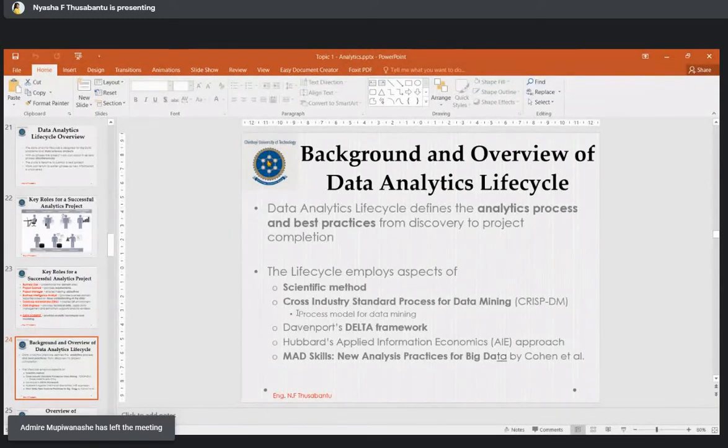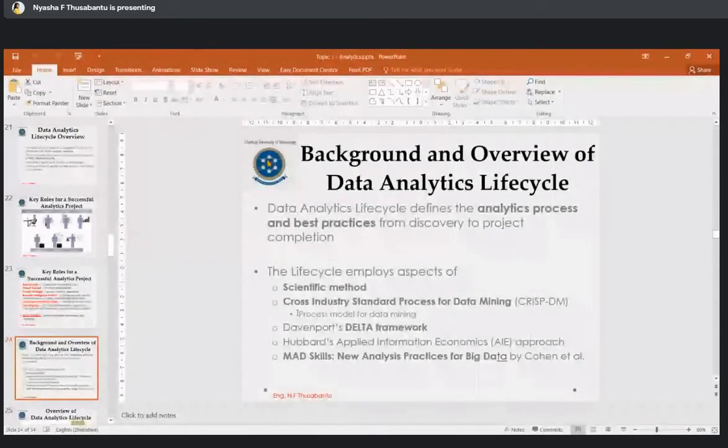The big data analytics lifecycle has incorporated all the components of project management, Six Sigma, and other concepts, simplified just to make sure that we are observing project management rules, software development lifecycle rules, and the cross-industry standard process for data mining.